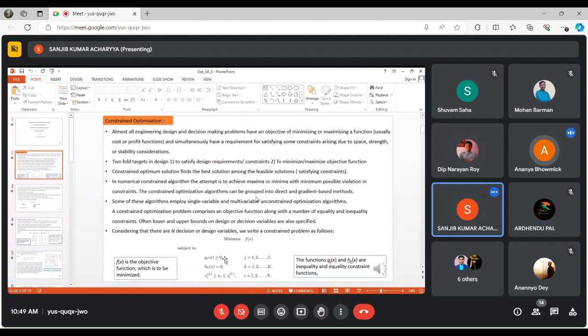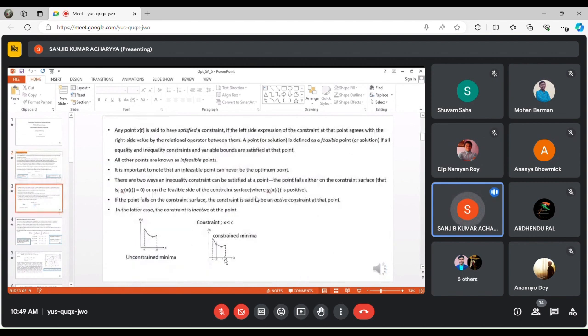Yes, sir. So now, in the earlier case, we started before going to any algorithm. Here, again, I have tried to give you some difference between constrained and unconstrained optimization. Look, in the figure, a unimodal function is given where a minima lies between A and B. If the unconstrained optimization says to find the minima of the function, you know this is the minima, in the left figure, isn't it?